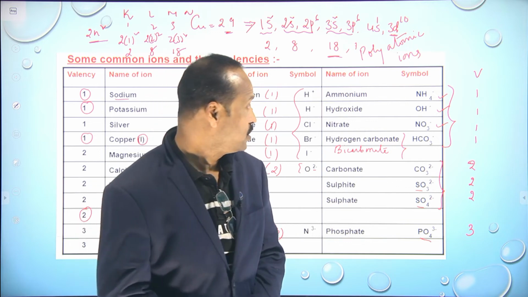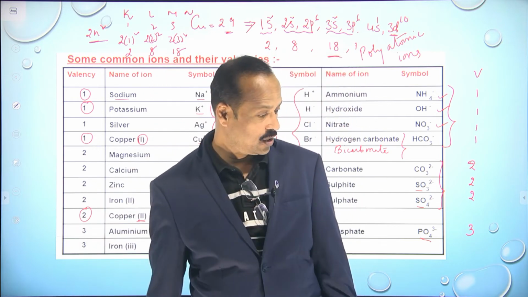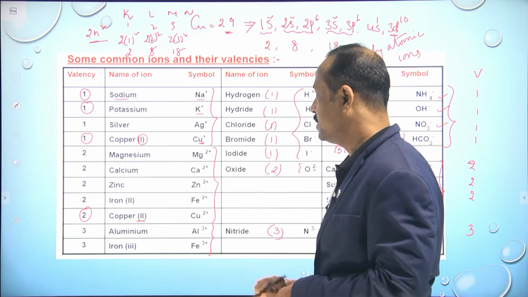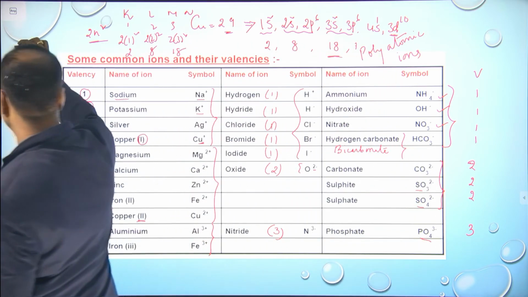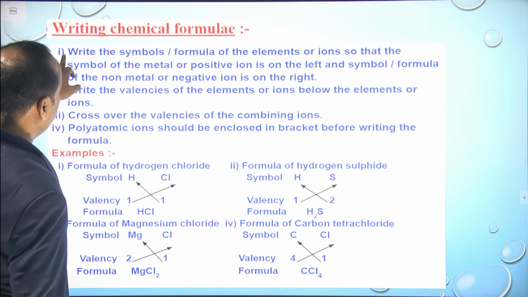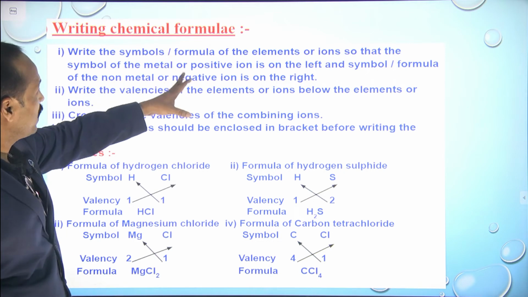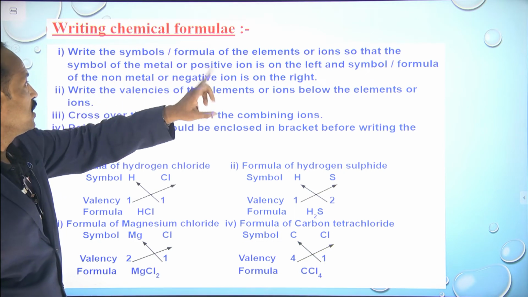Okay, chalo. Now I will explain how to write the chemical formulas. Here actually there is a procedure. Write the symbol of the element, so that the symbol of the metal or positive ion is on the left side.